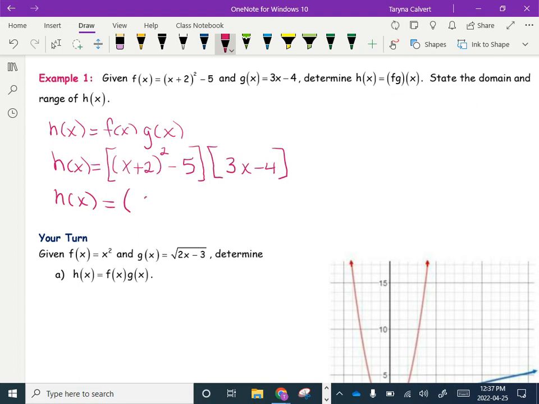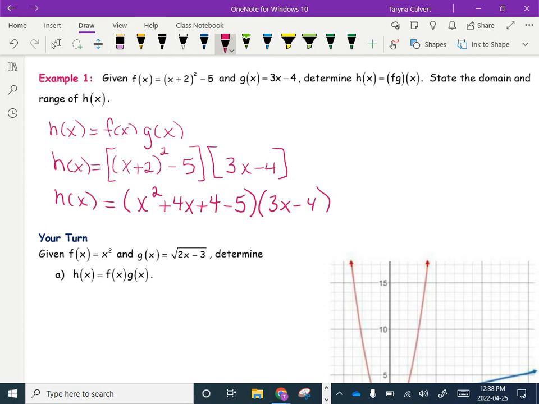So inside here, I'm going to get x squared plus 4x plus 4 minus 5. And then I have that 3x minus 4. And remember, guys, is everybody okay with me saying x squared plus 4x plus 4? Because x plus 2, right, squared means there's two of them. So I expanded it all in my head.